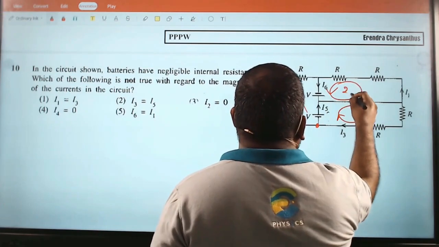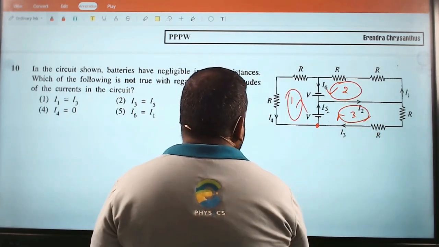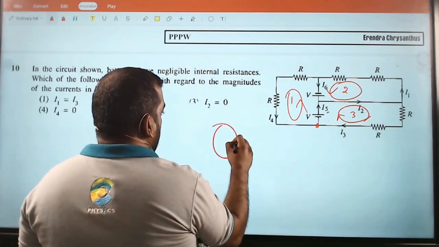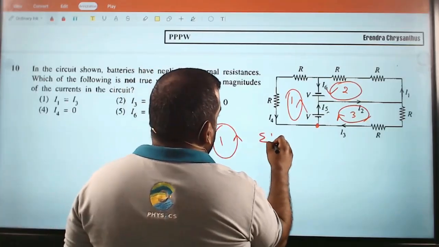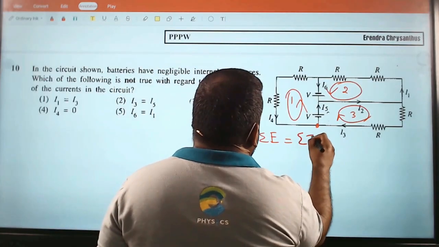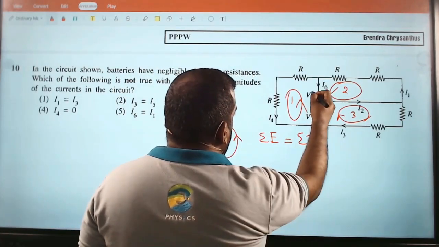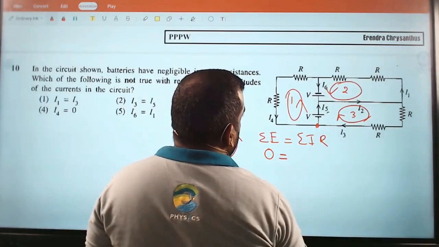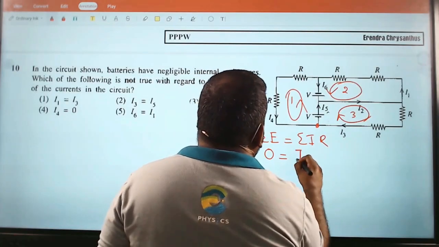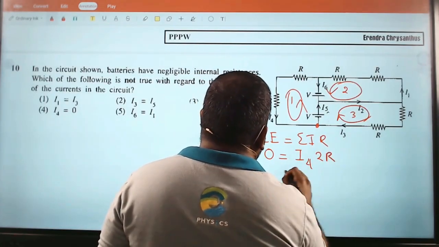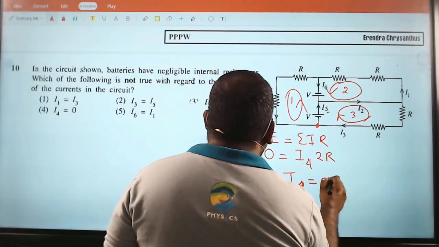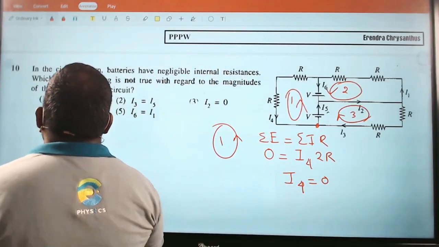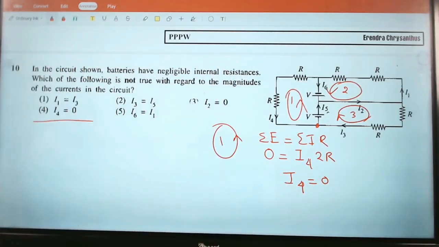Loop 1, loop 2, loop 3. Just correct. Loop number 1. Sum of EMF equals sum of potential differences. Minus plus, plus minus. 0. I4 times 2R, guaranteed I4 is going to be 0. I4 is 0 for sure.